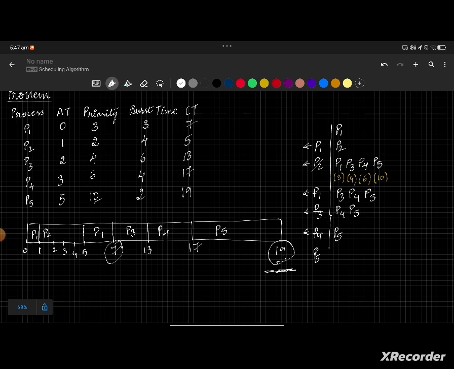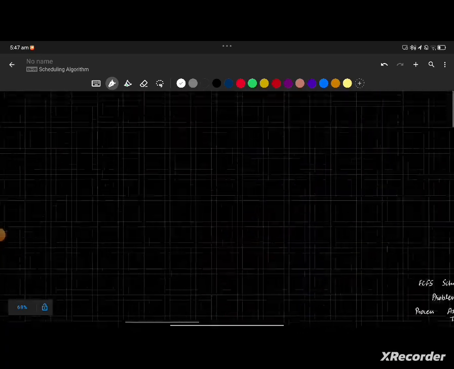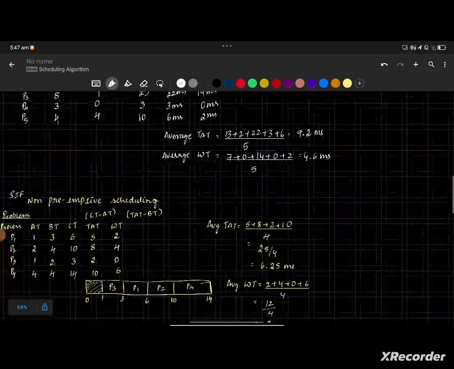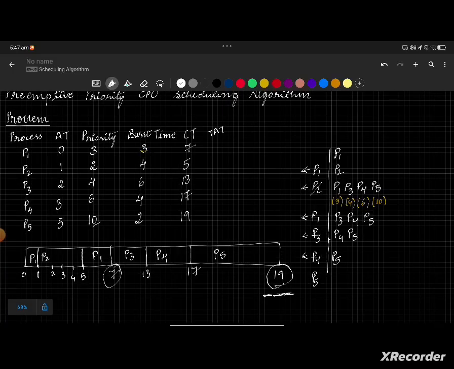We already know the formula: turnaround time is CT minus AT. So 7 minus 0 is 7, 5 minus 1 is 4, 13 minus 2 is 11, 17 minus 3 is 14, and 19 minus 5 is 14 again.